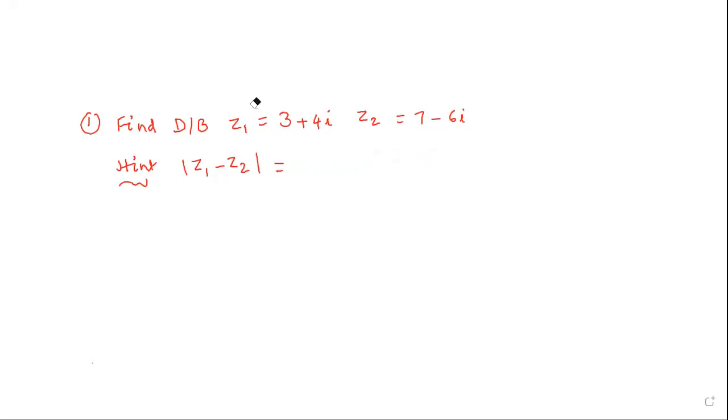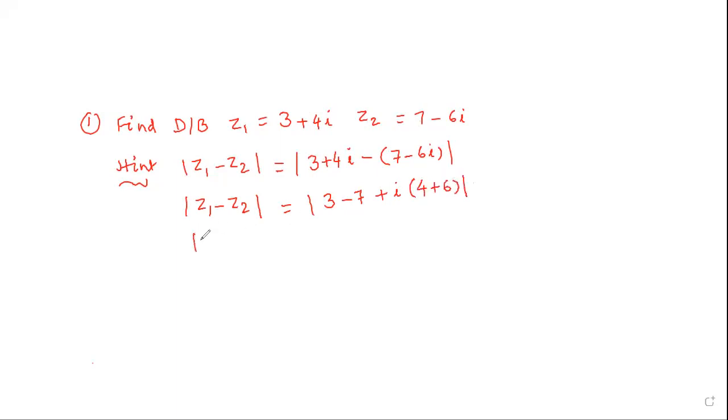Right, see, here is modulus of 3 plus 4i minus of 7 minus 6i. Okay? So modulus of Z1 minus Z2 is equal to modulus of 3 minus 7 plus i into 4 plus 6. Right. Now modulus of Z1 minus Z2 is equal to minus 4 plus 10i.